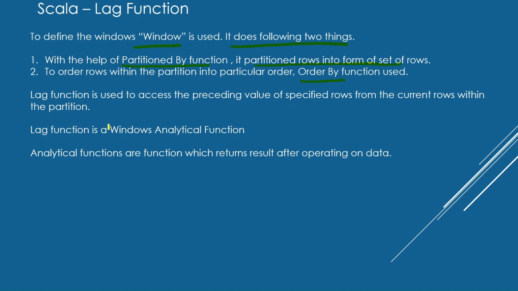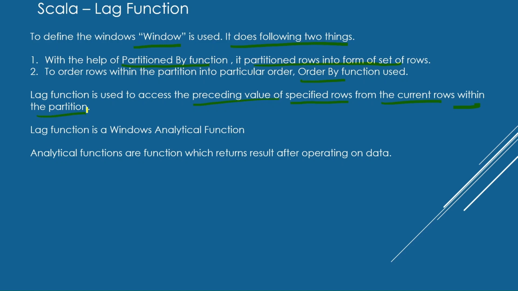So what will the lag function do? The lag function takes the row of a column and looks at the preceding value. It takes that value and does the needful. If at this point you are not able to understand what the preceding value of a specified row from the current row within the partition is, it's okay.